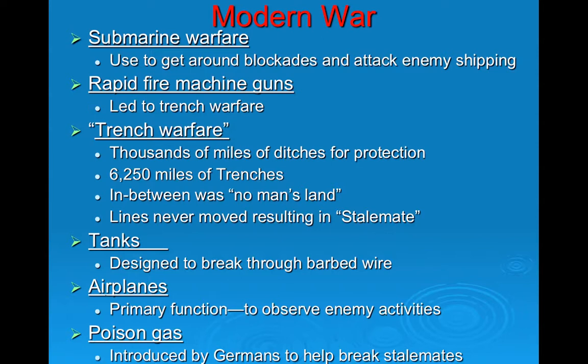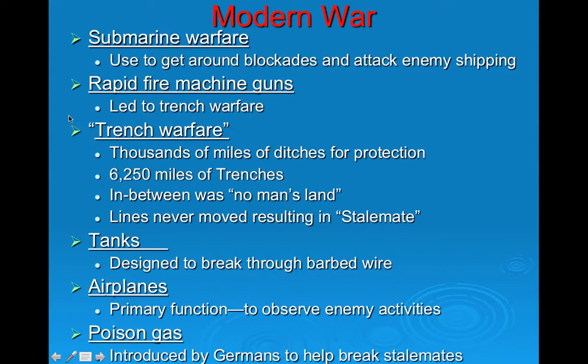Now with that, that's going to lead to a lot of casualties. It's not your, oh, I'm going to slowly load my gunpowder and my musket ball. Oh, you're already dead. This is, I'm going to stick this rapid fire machine gun outside of the trench or ditch that I've dug for protection and just fire as many bullets as I can into no man's land.